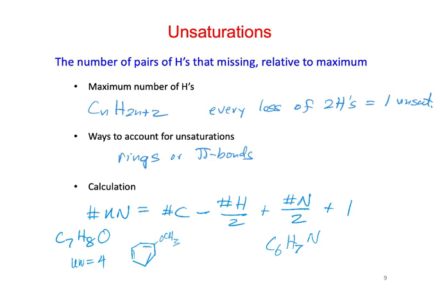I think it's best to just do it sequentially. 6 minus 7 halves, so I just think 6 minus 3.5 is 2.5, plus a half is 3, plus 1 equals 4.